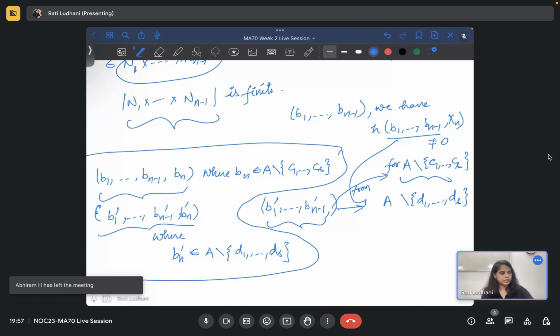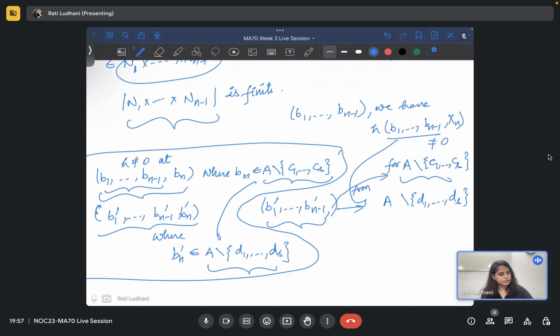These ni's you already have. Now what you can do is just intersect these two sets. When you intersect these, you will get some infinite set. And you can do this for all the points of n1 cross nn minus 1. This is a finite set, so you do it for a finite set.